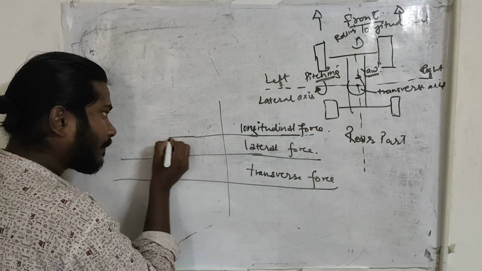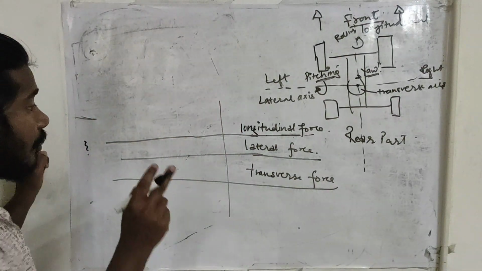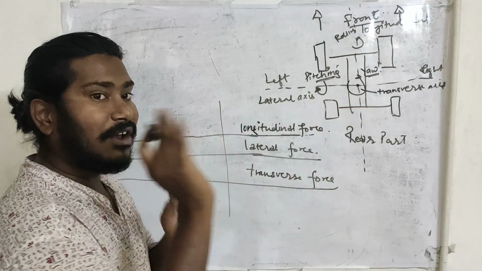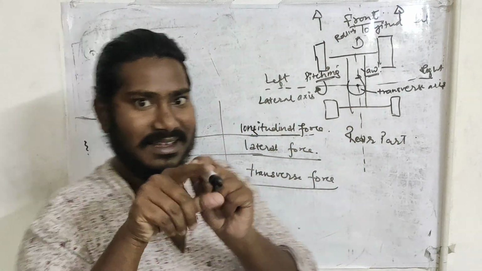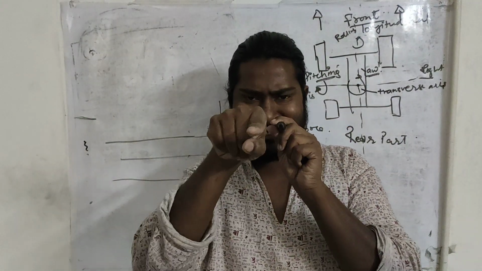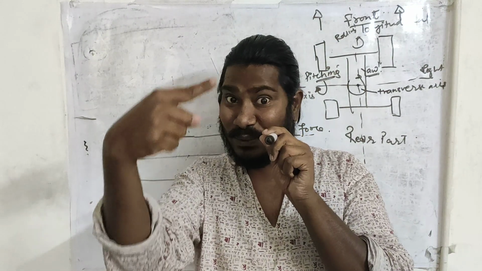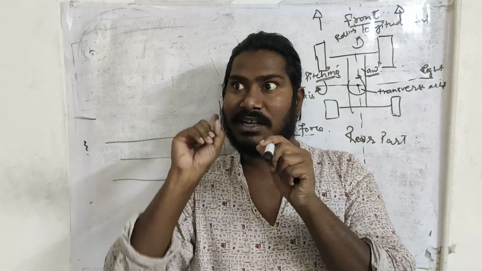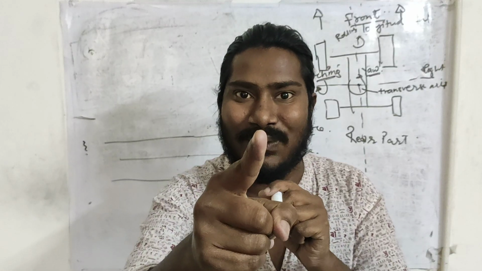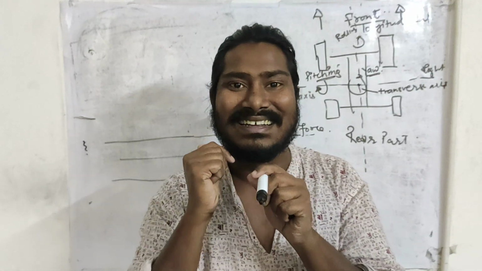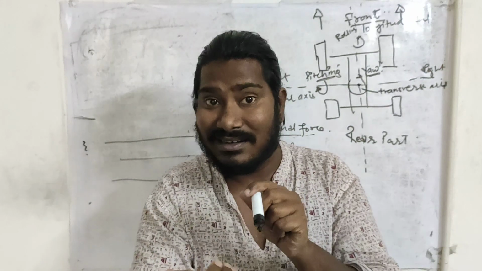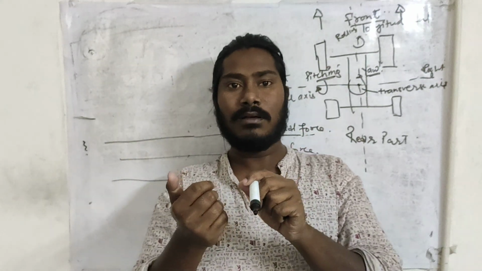Now see, what are those longitudinal forces? When you apply the brake, longitudinal forces act in this direction, right? The reaction of the tire when it moves, or when you apply the brake, the inertial forces that are moving you forward, and when you accelerate, that makes you move backward, right?